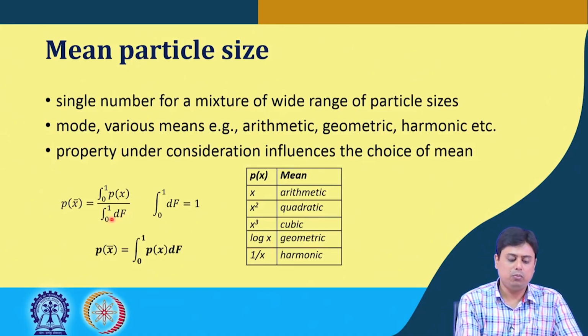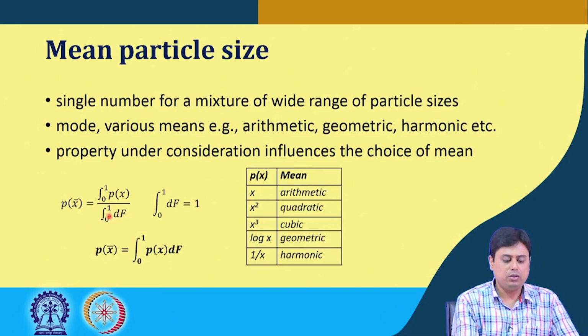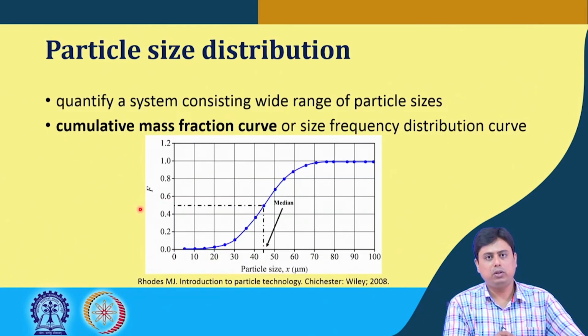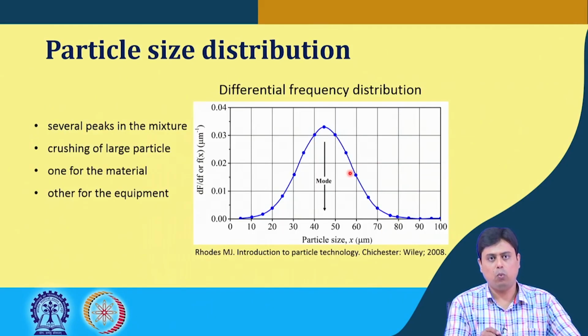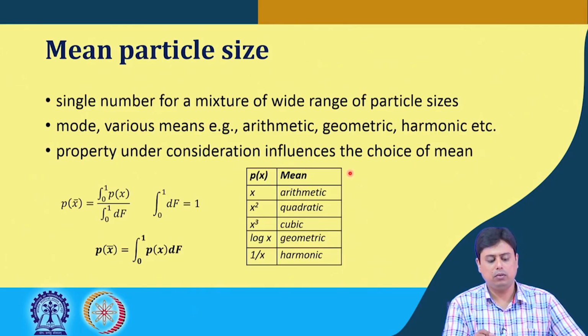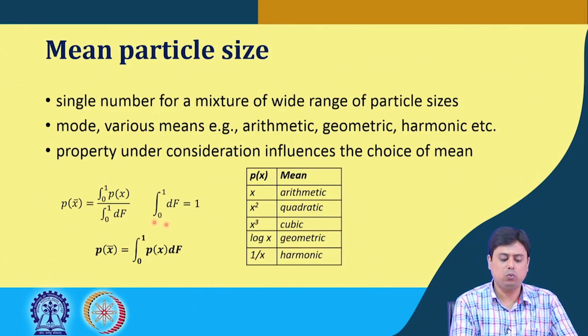Here you must recognize that this integral from 0 to 1 of df is basically 1, because if I go back to the previous curve, you can see that the total, cumulative mass fraction is 1. It cannot go beyond 1.